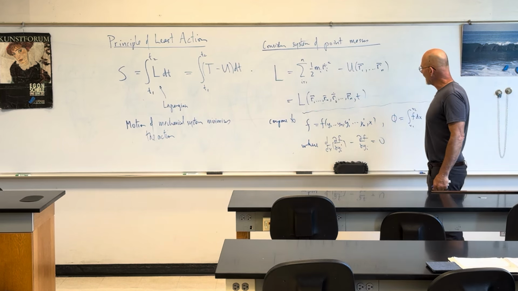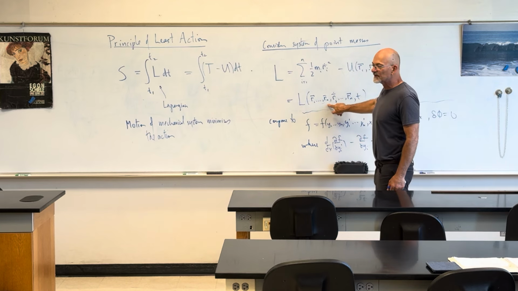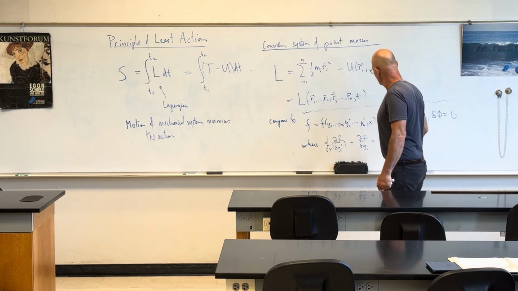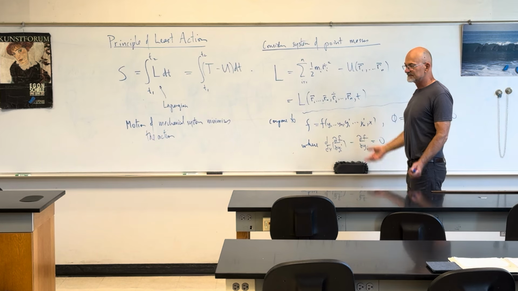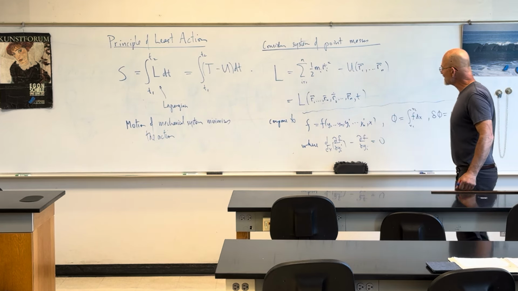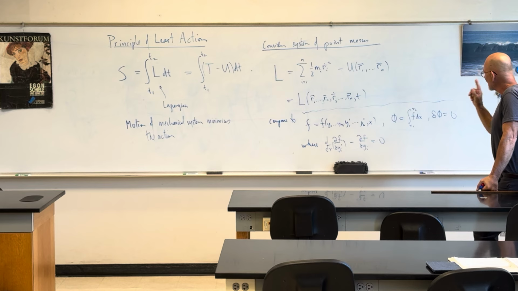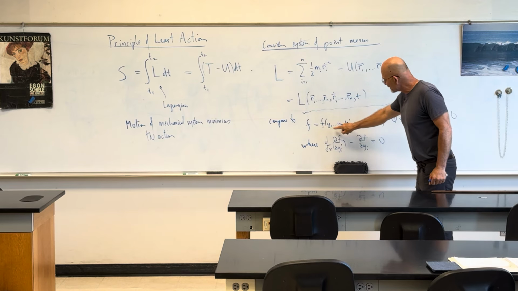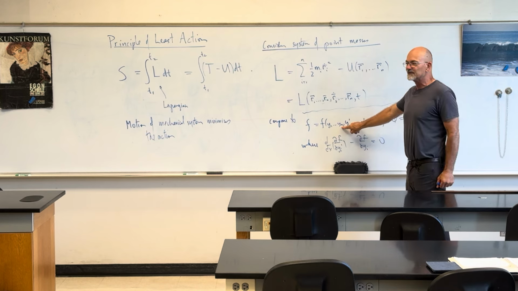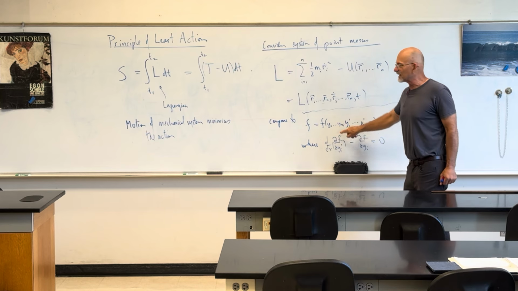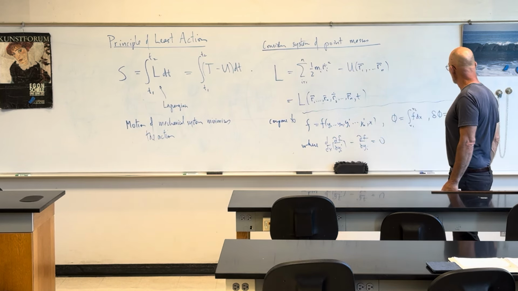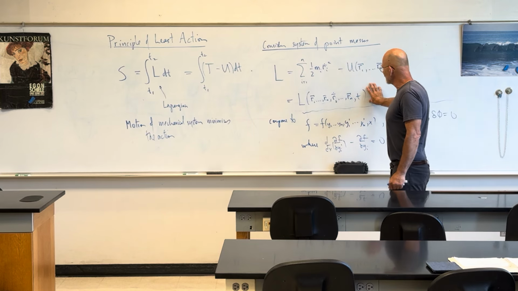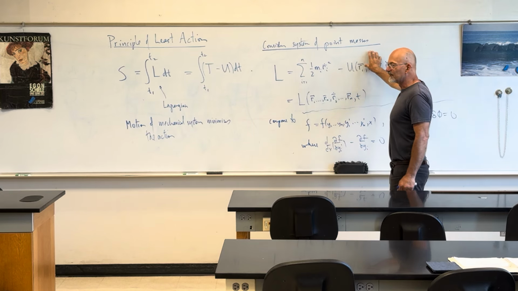The y's are the r's, the y primes are the r dots, and the x is the t. So we can actually inherit this. And a very important point: in order to get this proof, we had to make sure these were all independent of each other. Remember I made that point? They have to be independent. So without further ado, we're just going to apply the Euler-Lagrange equation to this and see what happens.